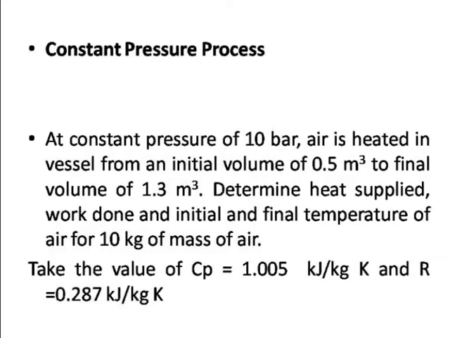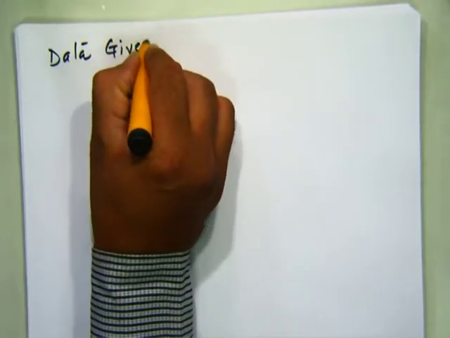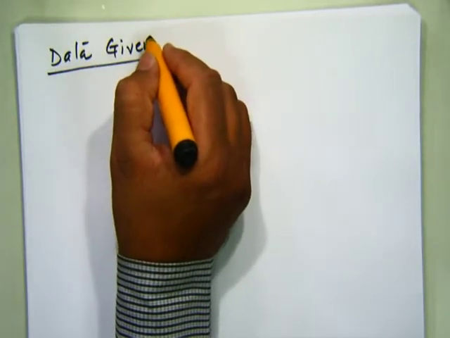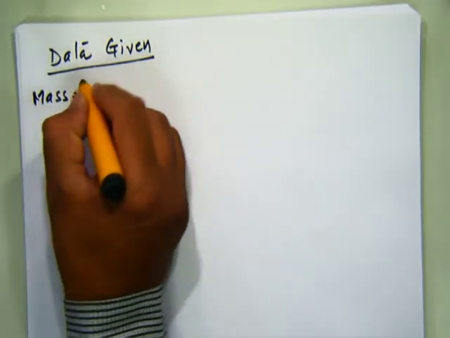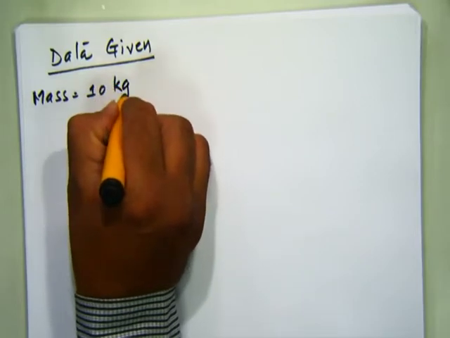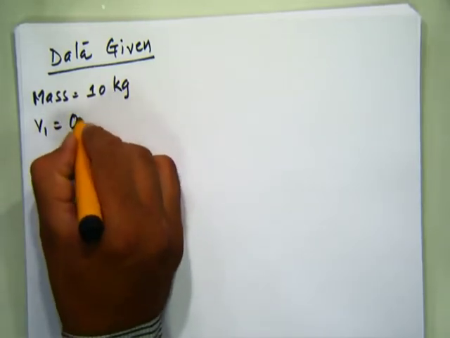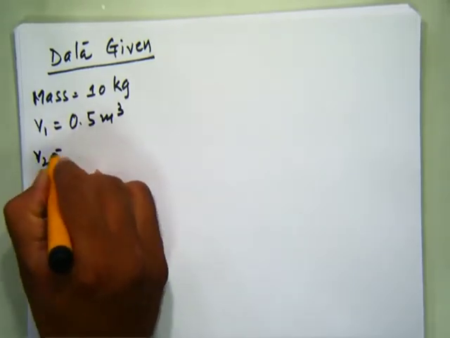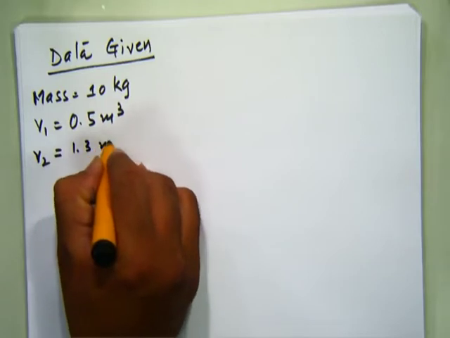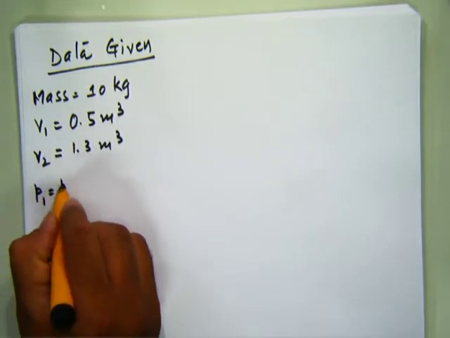So the data given: mass is 10 kg. Volume V1 is 0.5 meter cube. Volume V2 is 1.3 meter cube. It is a constant pressure process, P1 is equal to P2.